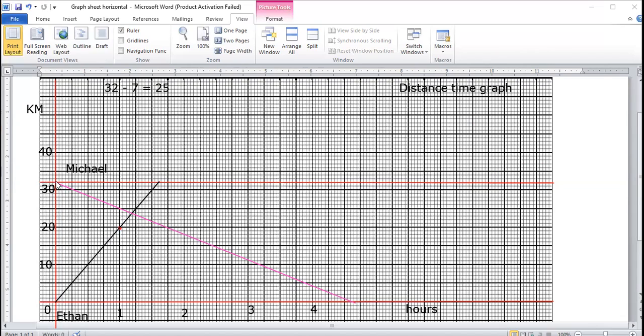In the same way, Michael was standing at 32, and 32 minus 7 is 25. So in 1 hour, Michael should be at 25. This is the 1 hour, 25 mark. So passing from this point and taking it till the end point, I have got this. This is my distance-time graph, which was needed.